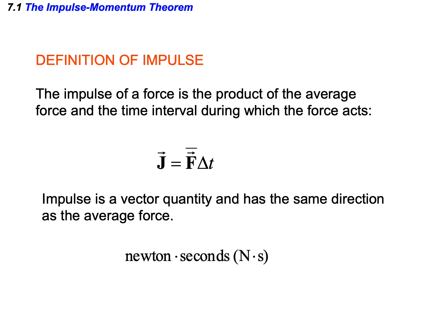So the definition of impulse. The impulse of a force is the product of the average force and the time interval. F times delta t, which is a very small time or time interval, the time change. So we use J for impulse, average force, and the time interval.